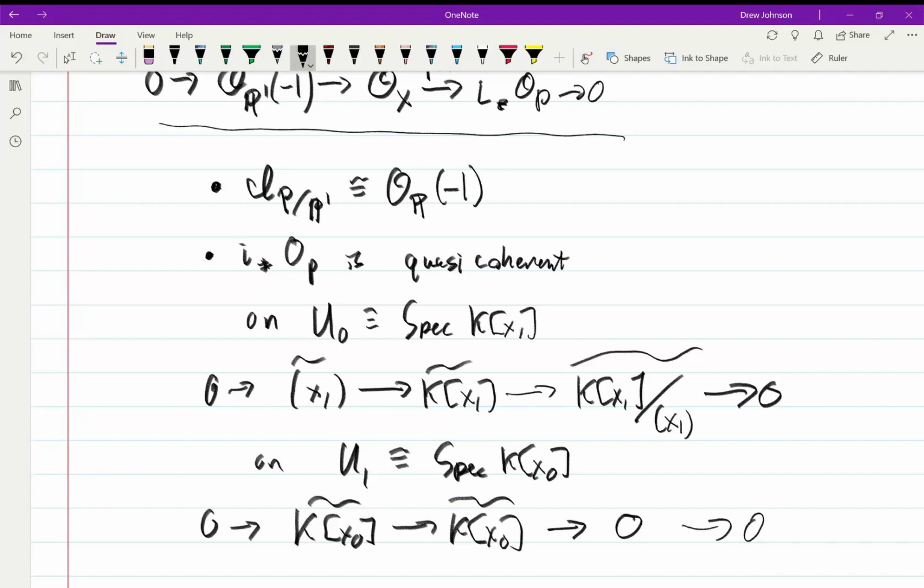The point P, the skyscraper sheaf, is not included in U1, so the sheaf is just 0 here. So you just have this sort of trivial exact sequence. Okay, good. So this is sort of the nice way to think about the skyscraper sequence and these sequences of ideal, or sorry, the ideal sheaf corresponding to closed subschemes.